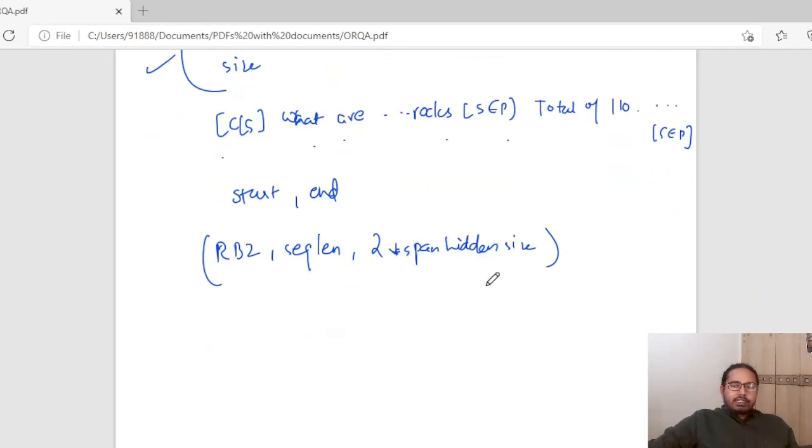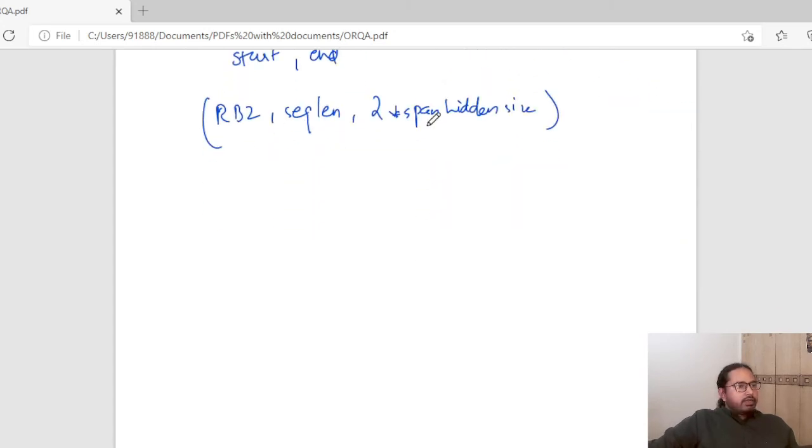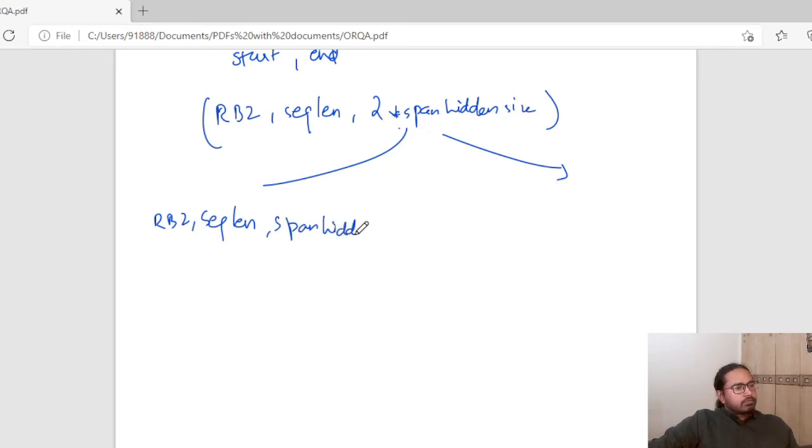So the idea is that later we split them along the last dimension to get separate encodings of the size reader beam size, sequence length, and our span hidden size, and another similar representation of reader beam size, sequence length, and span hidden size.